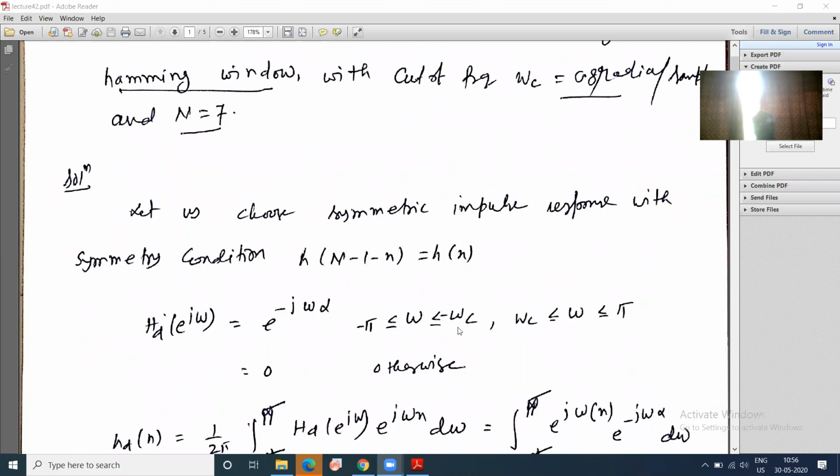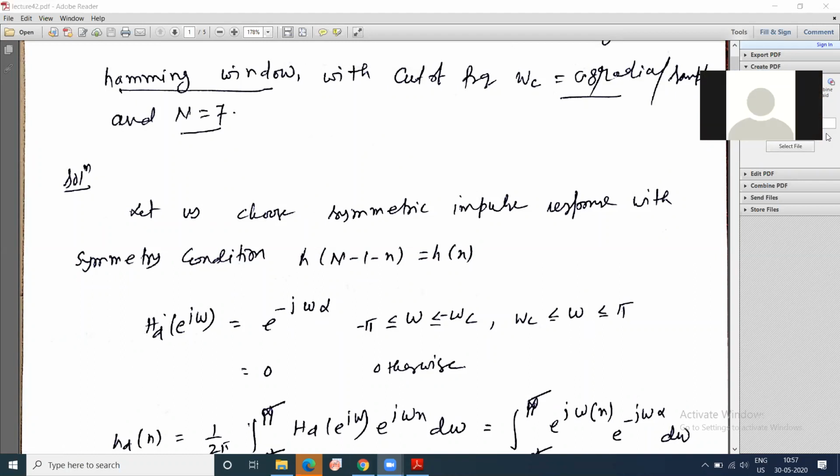Now, the next thing is you have to assume a desired filter response. Desired filter response for high pass filter, it will be Hd of e power j omega equal to e power minus j omega alpha for minus pi to minus omega c and omega c to pi. Is it all right, or you require explanation for this? High pass filter, is it okay?